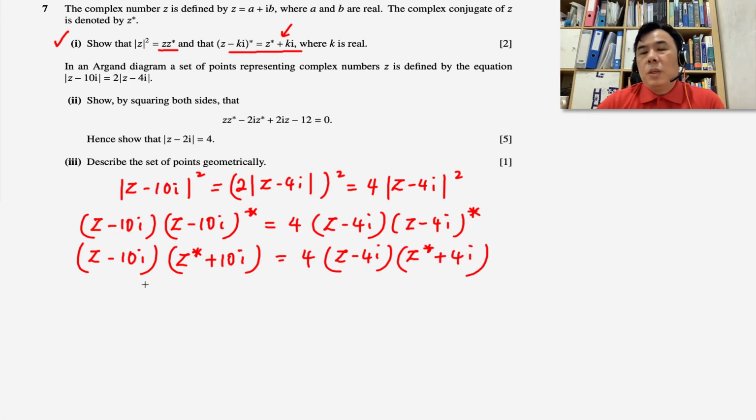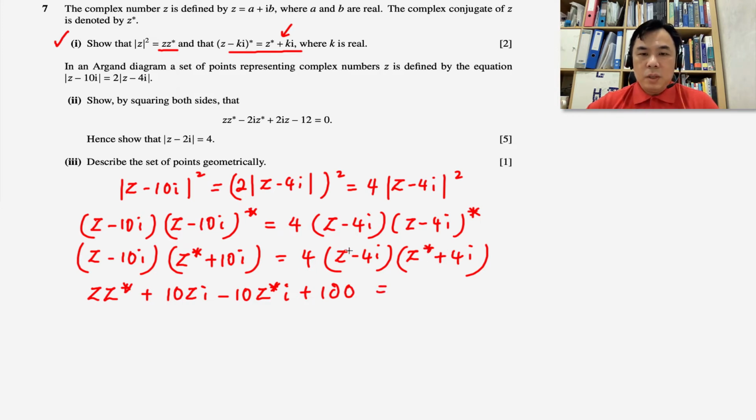And then from here you can expand. By all means, if you are too desperate to expand, this is the right time for you to expand now. We will get z z star here, and then of course you will get a 10zi minus a 10z complex conjugate i, and then finally we have minus 100 i squared, that is plus 100. And the same goes for this one here.